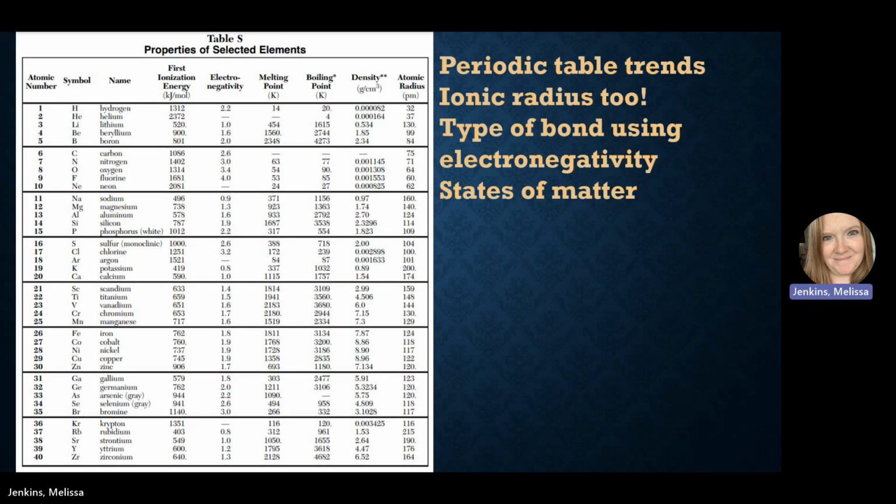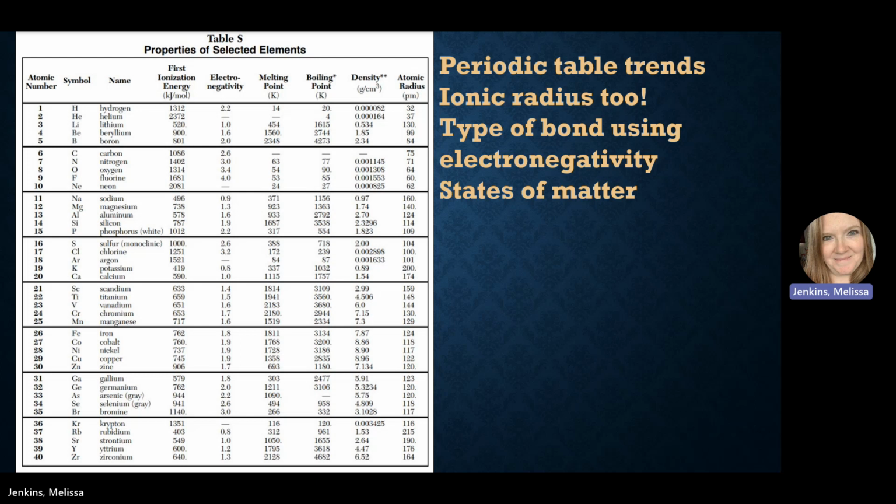And then Table S, you have to know periodic trends for this one and this one and this one. You have to know those periodic trends: first ionization energy, atomic radius, and electronegativity. Also, you have to know metallic properties. So which side of the periodic table did you tell me were metals?